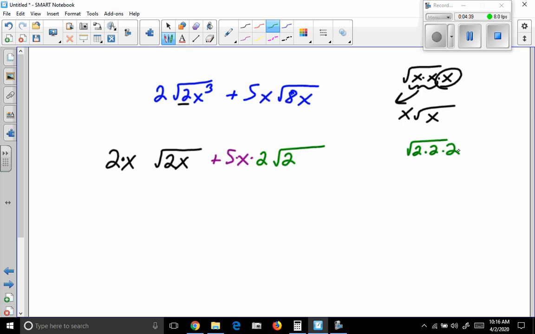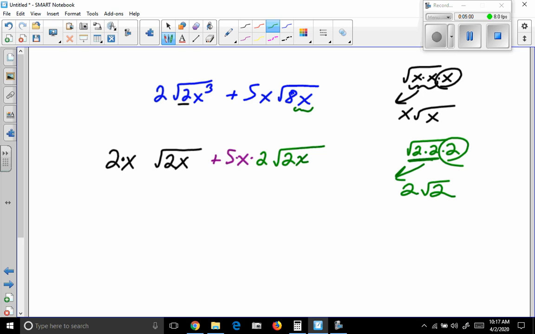We're taking a square root, so if we have the same factor twice, that number comes out. If a factor only occurs once, it stays underneath. So that's another way of looking at taking the square root of 8. There's only one x underneath the radical. It doesn't have a buddy, so it can't come out.